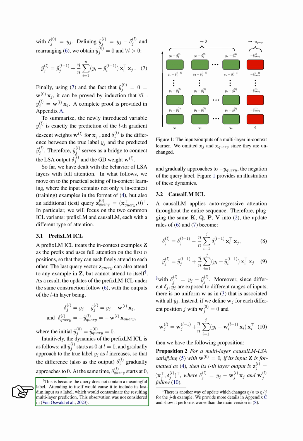The l-th layer output of a multi-layer CausalLM LSA is represented as z_j^l equals x_j^top, delta_j^l^top, where delta_j^l equals y_j, w_j^l, x_j and w_j^l follow a certain pattern.